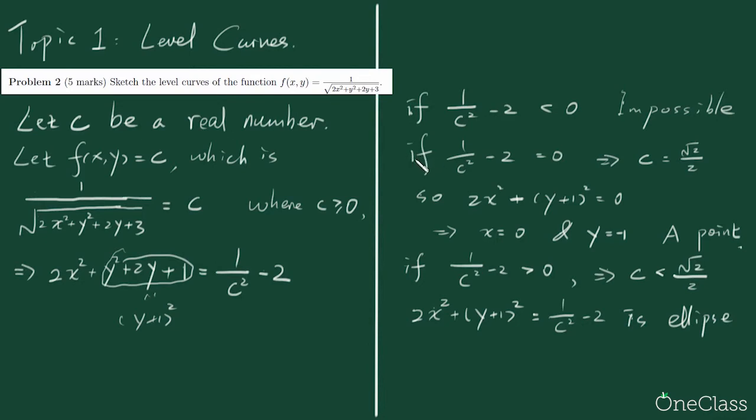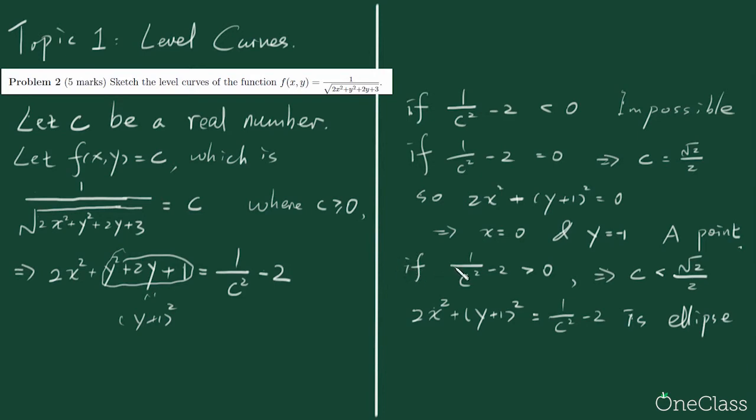And the second condition, if 1 over c squared minus 2 is equal to 0, which implies that c is equal to square root of 2 over 2. Therefore, the left-hand side is equal to 0, and this will give x equal to 0 and y equal to -1. So this gives only a point. So the level curve here is only 1 point, which is (0, -1).